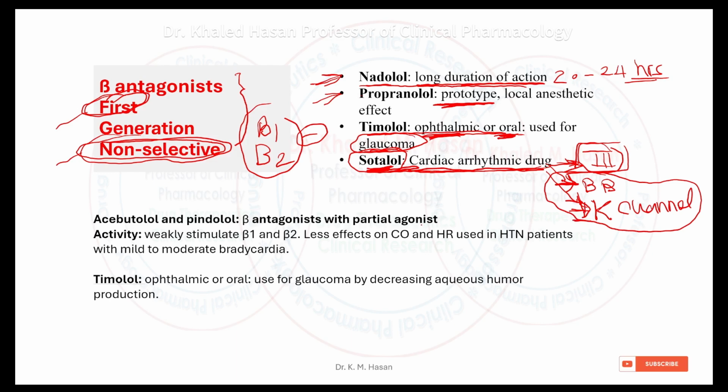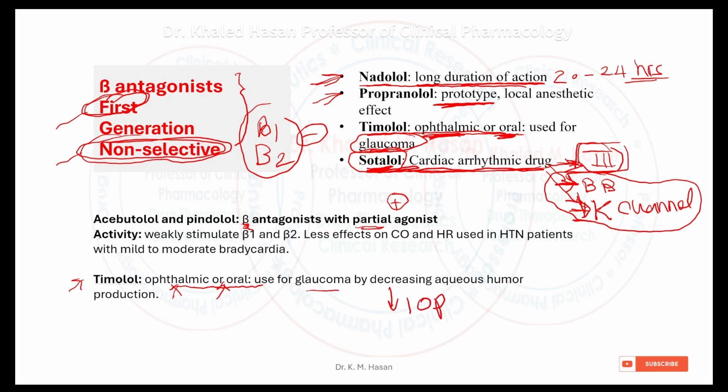Okay, acebutolol, they found acebutolol is considered a beta blocker with partial agonist activity, with some activation of the receptor. Timolol, ophthalmic and oral, available as eye drops and oral, used for glaucoma, and they found timolol decreases intraocular pressure.